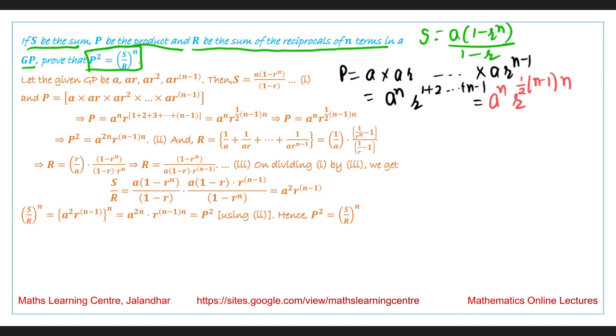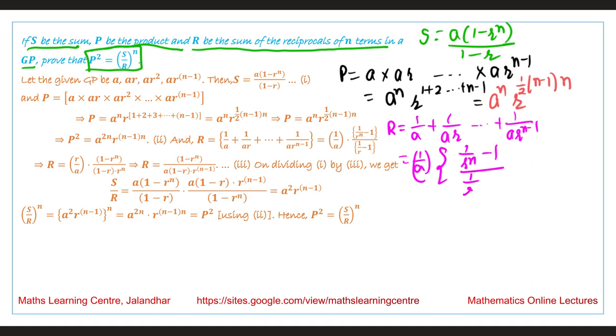Now the value of R, that is the sum of reciprocals, is equal to 1 by a plus 1 by ar and so on up to plus 1 by a r raised to the power n minus 1. So 1 by a is the first term over here, and the sum of these terms is 1 by r raised to the power n minus 1 over 1 by r minus 1.